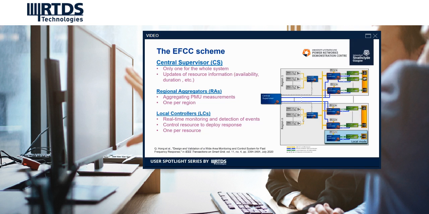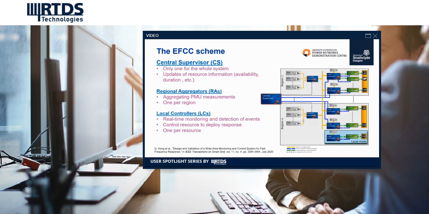There is also an element called the central supervisor. This element mainly conducts non-real-time, near real-time communication with the local controllers to update the information about resource availability across the system. So the local controller will update its own resource availability information to the central supervisor, and the central supervisor will combine all the information and broadcast it to all local controllers.